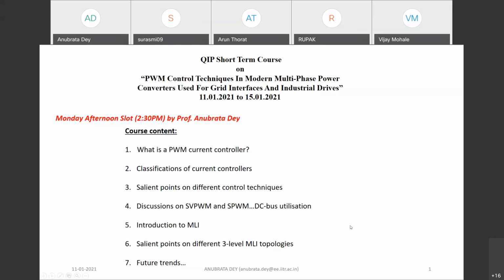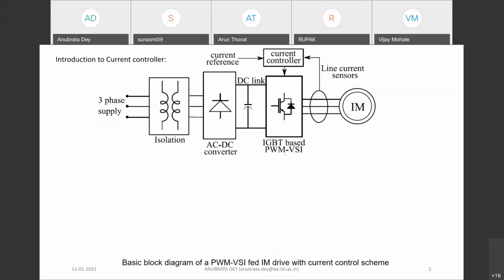So let us get into the main topic. What is a current controller, a PWM current controller? Basically, you see a structure like this in almost all power supply systems. Suppose you have an induction motor drive. You draw the power from some available three-phase power supply.